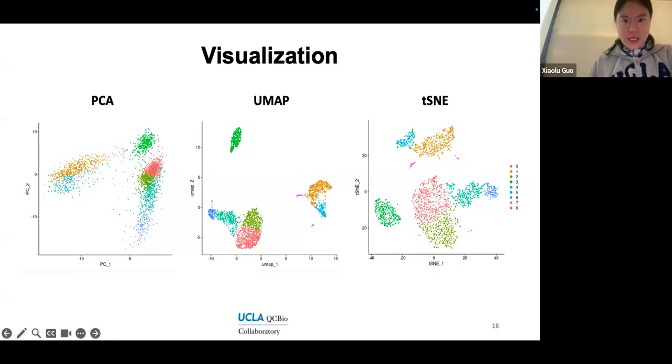Okay. And so for the visualization of PCA, we can see that there's not very good separation between clusters. For example, the pink cluster is overlapping with the other two clusters, and each cluster overlaps with the others quite a bit.